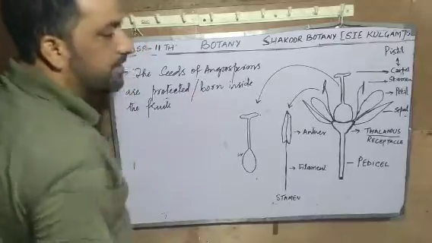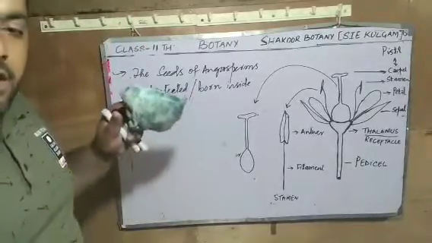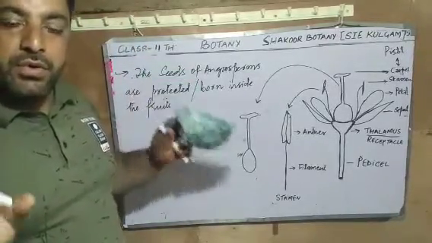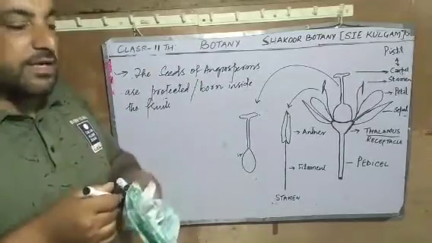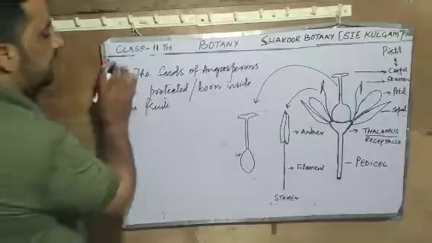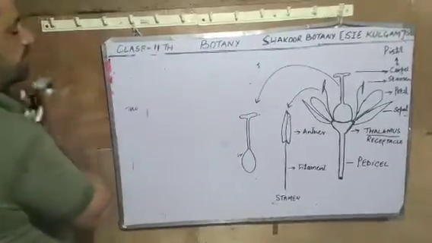Or we can simply say that the seeds of angiosperms are produced inside, they are developed inside the fruits.